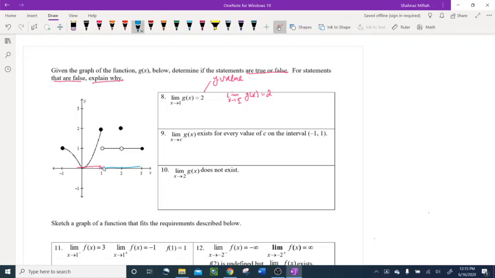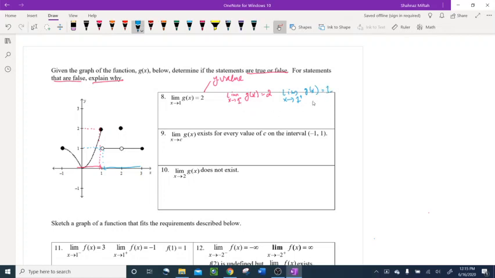My y value is 1. Do you see this? Now I have limit x approaches 1 from the right of g of x is equal to 1.